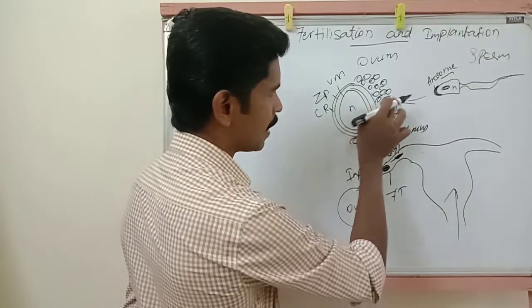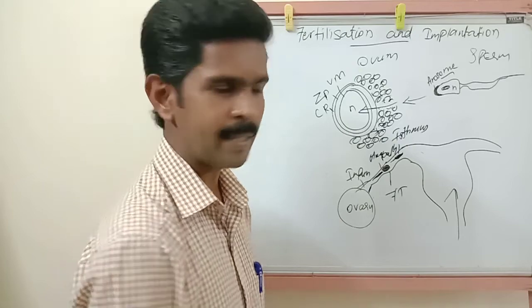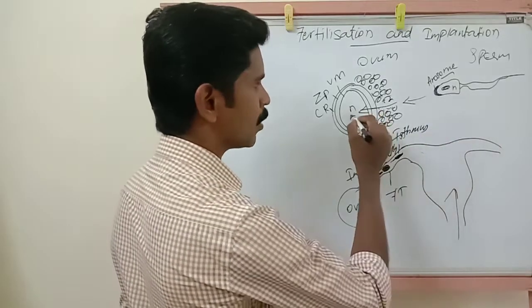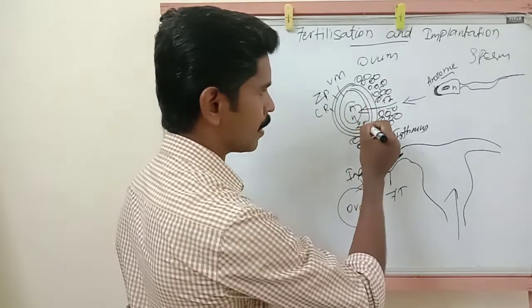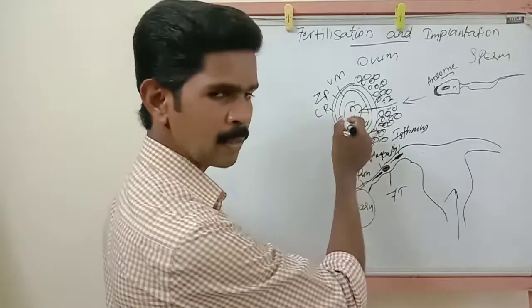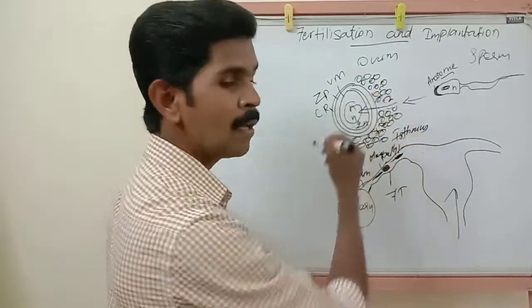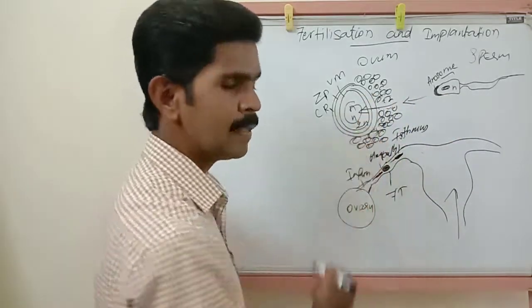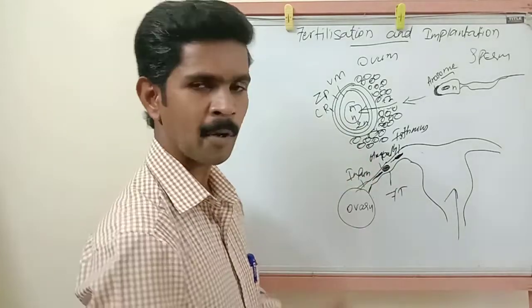So the sperm cell can easily enter inside the egg, and immediately the sperm cell releases its nucleus inside the egg cell. Now the zygote is in diploid condition, 2n. Already a haploid number is there, here also haploid. Both haploid nuclei are joined together. Now the egg is fertilized, and the fertilized egg is in diploid condition. I hope you all understood these points.